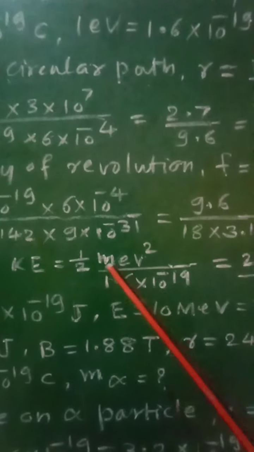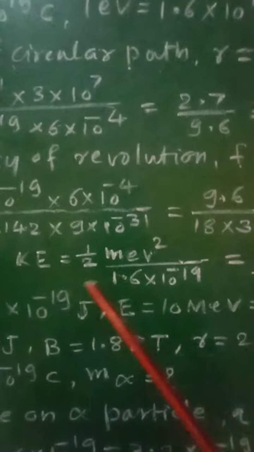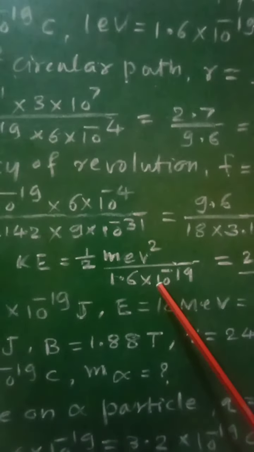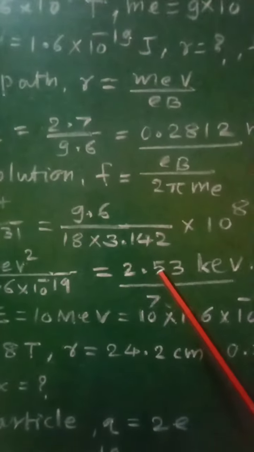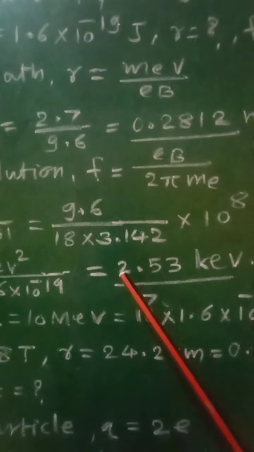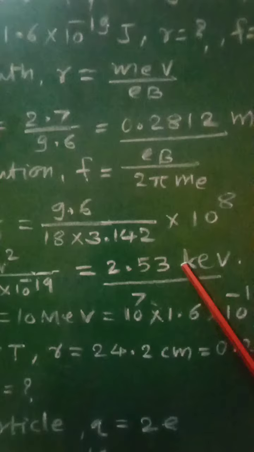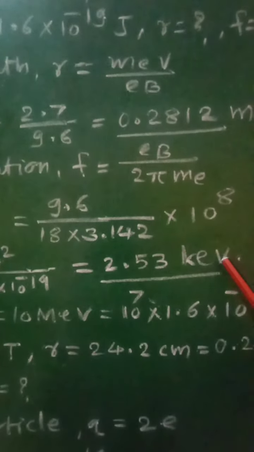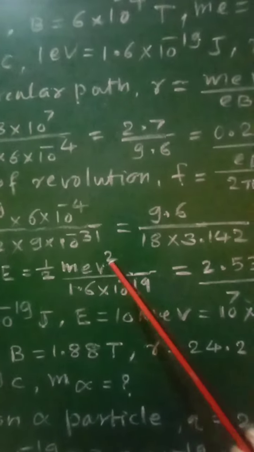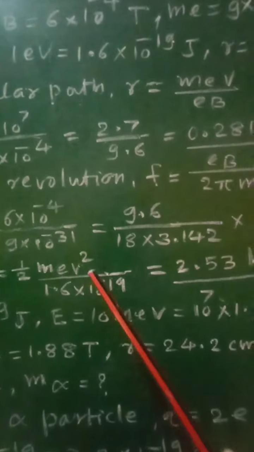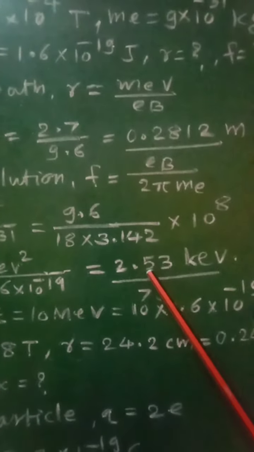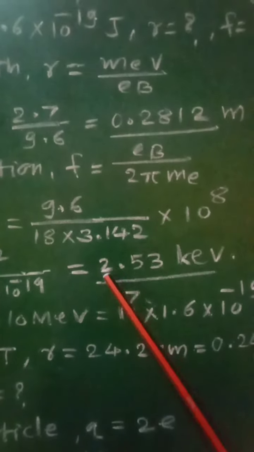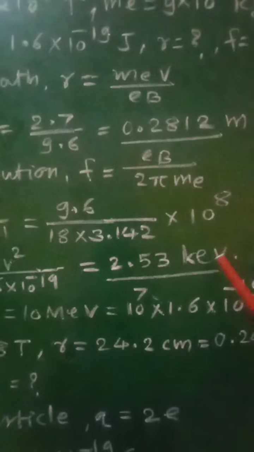Putting the values of me and v and simplifying it, at last we will get the value of kinetic energy, that is 2.53 kilo electron volt.